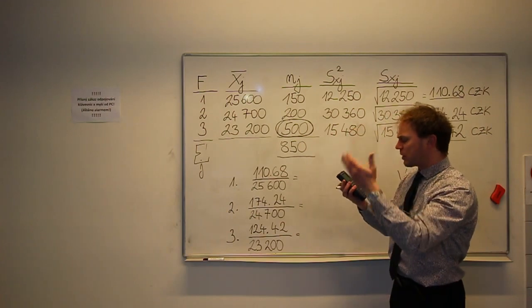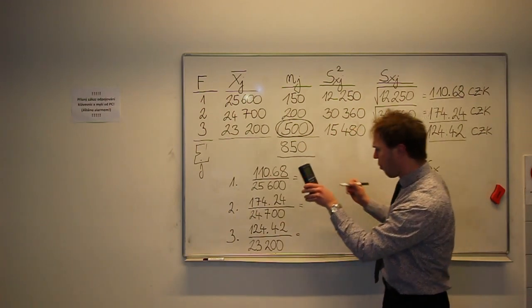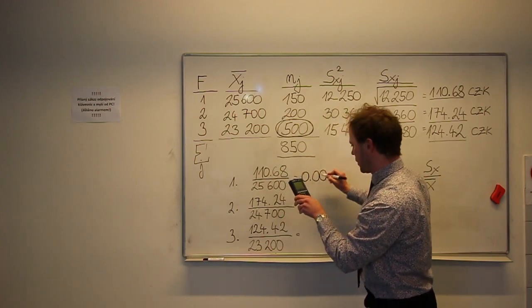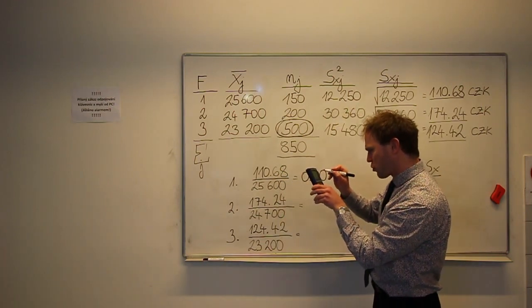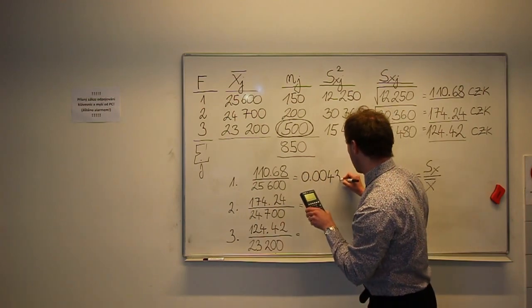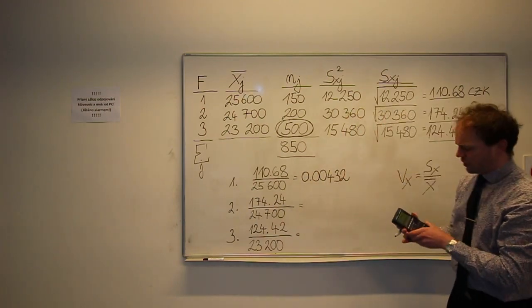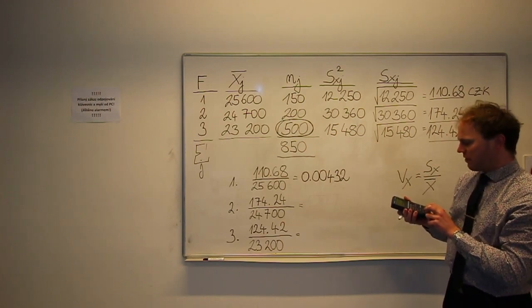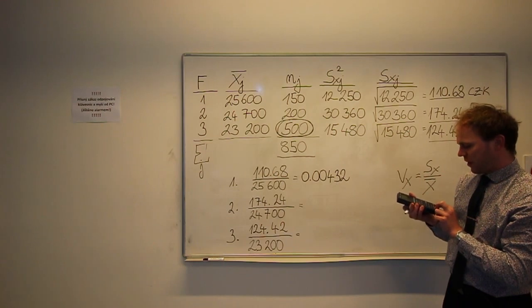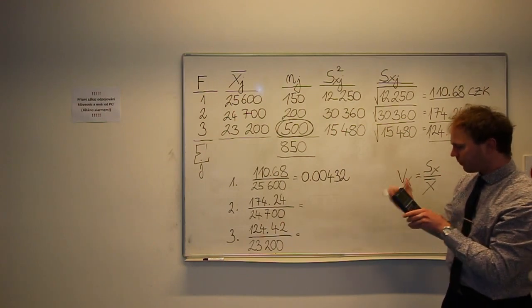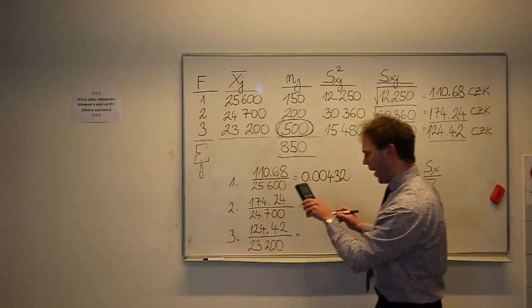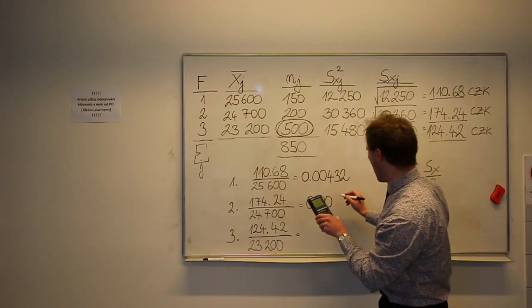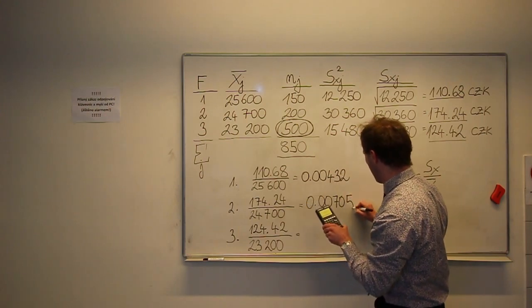It must be relative numbers, so 0.00432. We can continue: 174.24 divided by 24,700 is 0.00705.